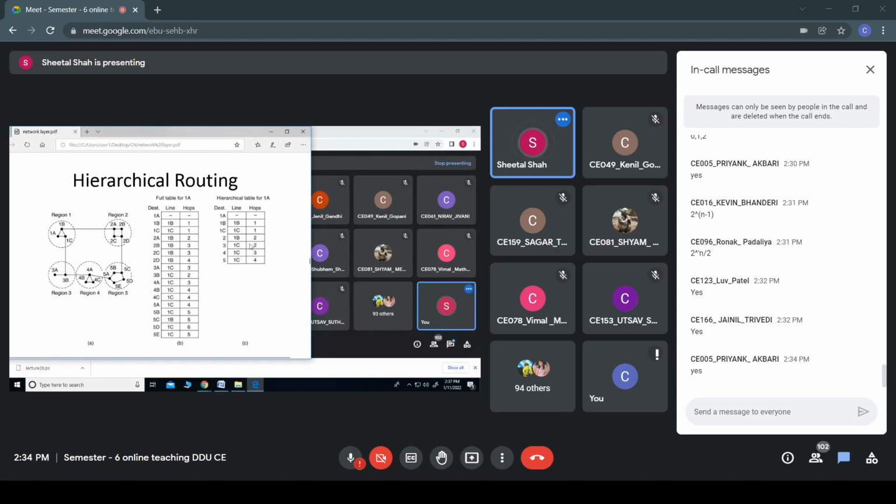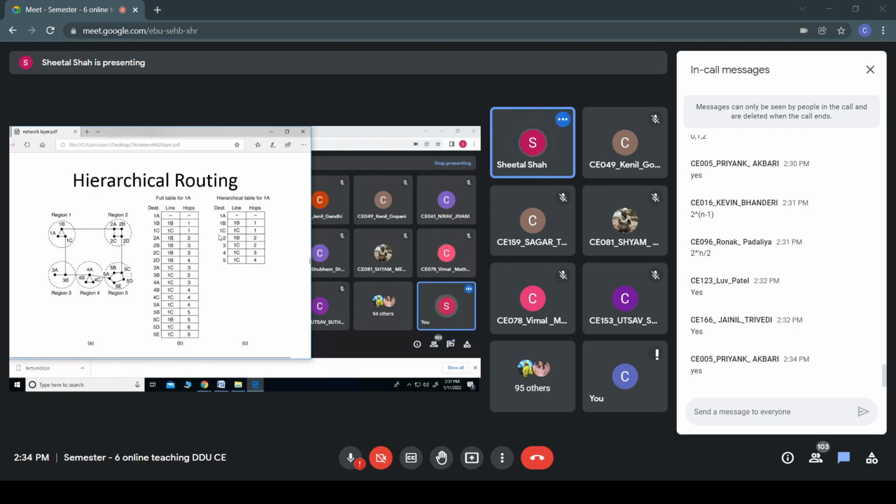But it knows how to reach region 2, and how to reach regions 3, 4, 5, etc. To reach region 2, it has to go via 1B.